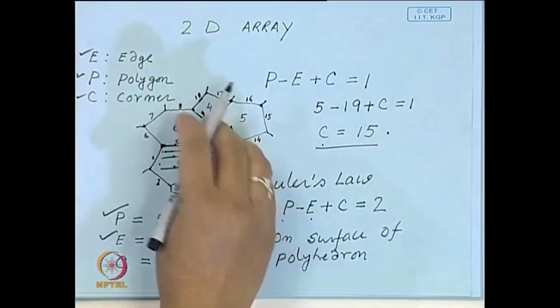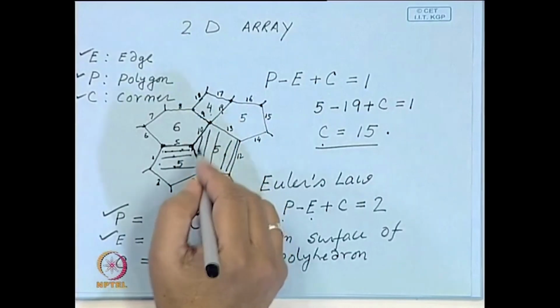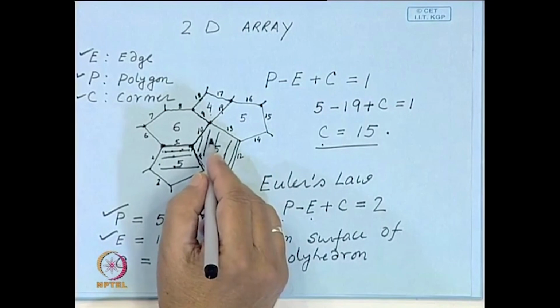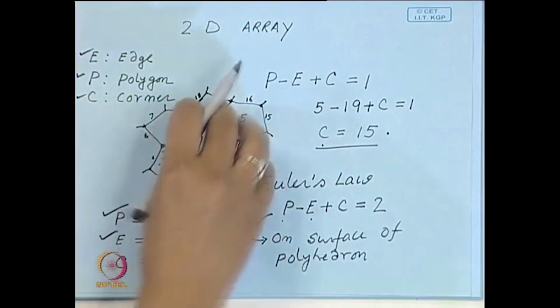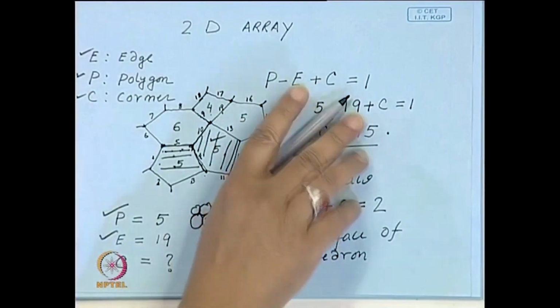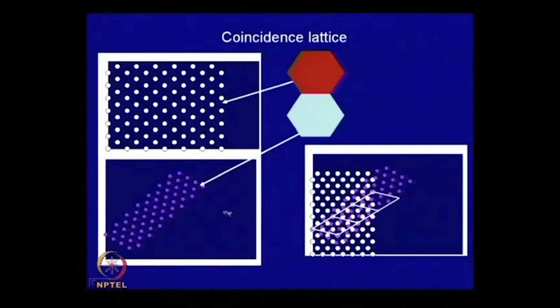So, you can generate this atomic array by rotating this grain. This kind of planar arrangement which is shown over here is called the coincidence lattice concept.